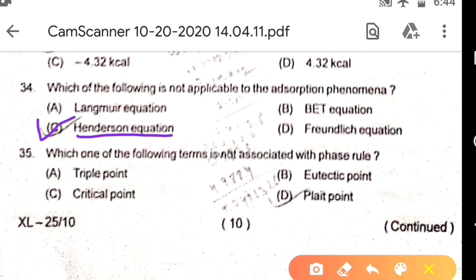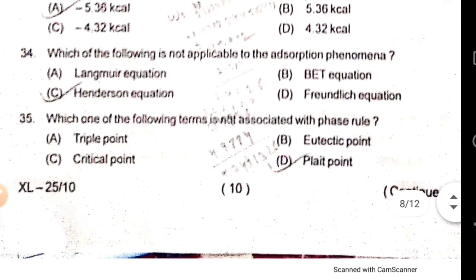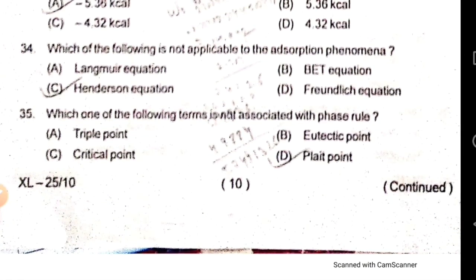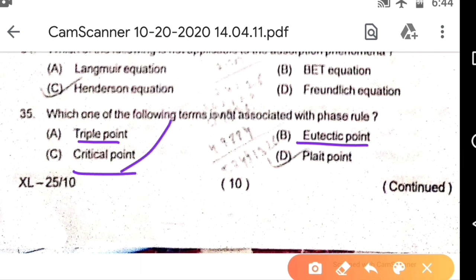Next, question 35. Which one of the following terms is not associated with phase rule? This question is from phase equilibrium. Triple point of water, eutectic point, and critical point: these three are from phase rule.